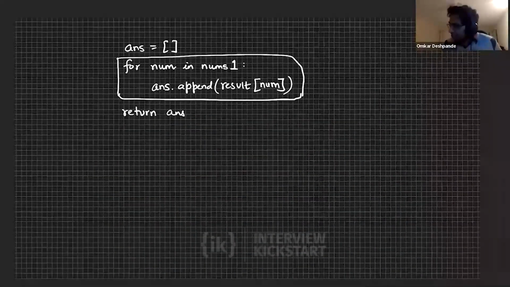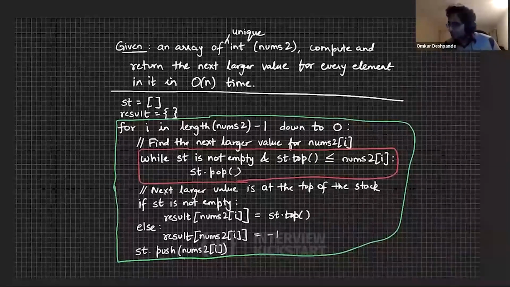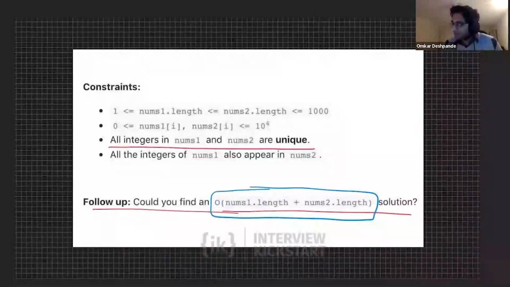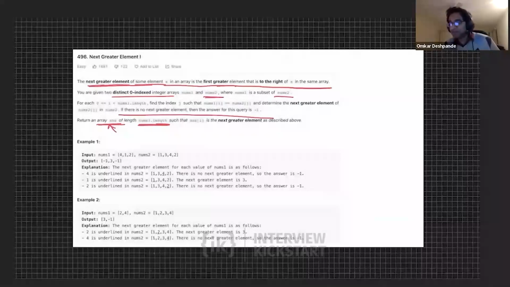So they say it's an easy problem, but it's not really easy, because typically it's the follow-up that makes the problem harder. If you don't use a monotonic stack solution, you would just be using a brute force approach, which will take you quadratic time.